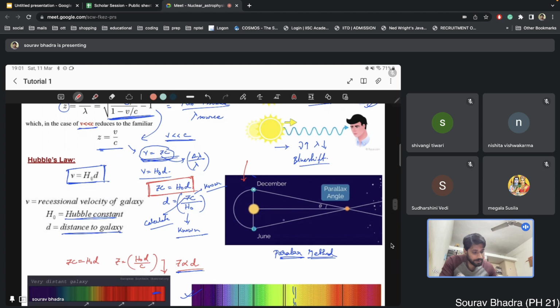So, I was telling about this picture. You can see this is the earth position. This is in a line, the earth, sun and the earth. So, December and June, that is the 6-month gap. Any 6 months gap you can take, so that it is in a line, and this theta is the parallax angle which has been measured along this background. This is theta.